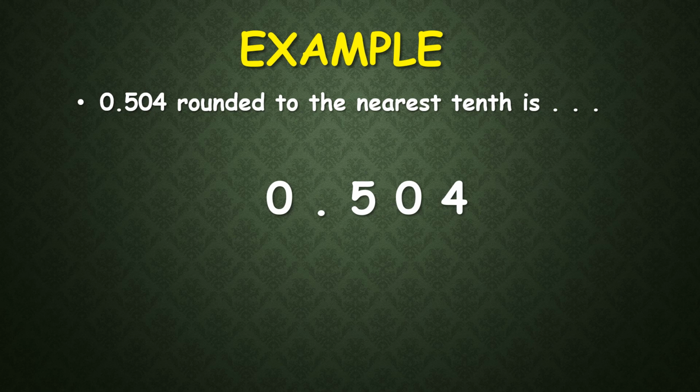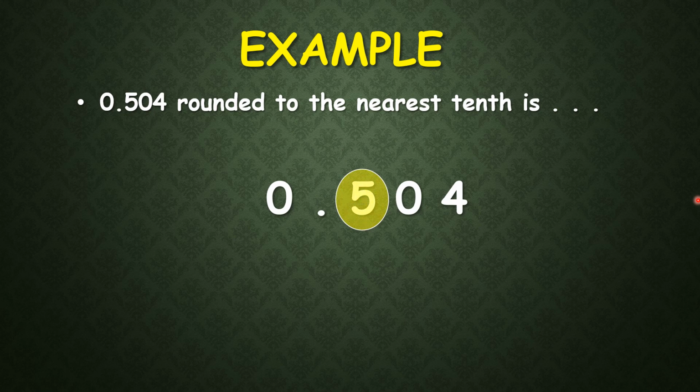All right, let's look at the next example. You have to round off 0.504 to the nearest tenth. Again, you will identify the digit at the tenth place. Here the digit at the tenth place is 5, so you will put a circle around 5.